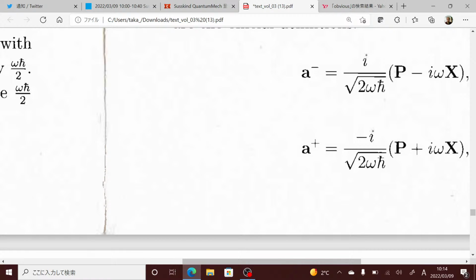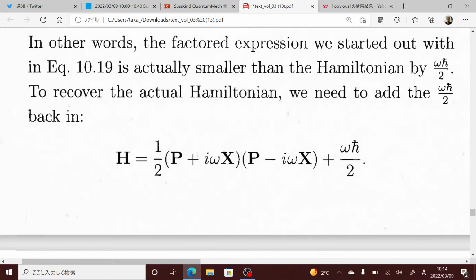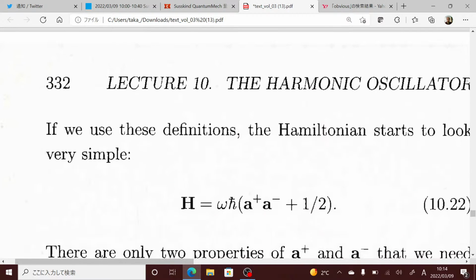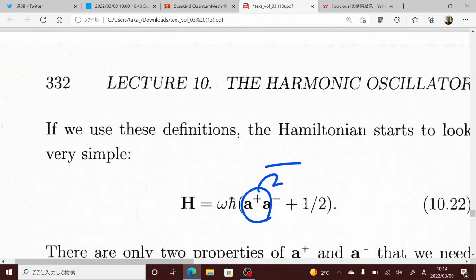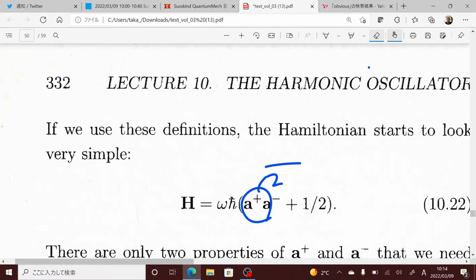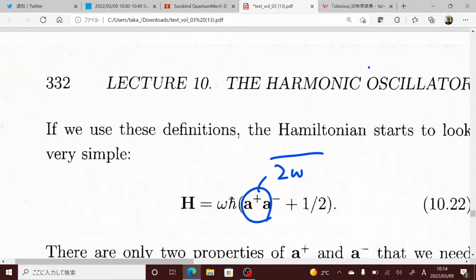Because the factor is 2 omega h bar, this 2 omega h bar times 1 over P plus I omega x, P minus I omega x.